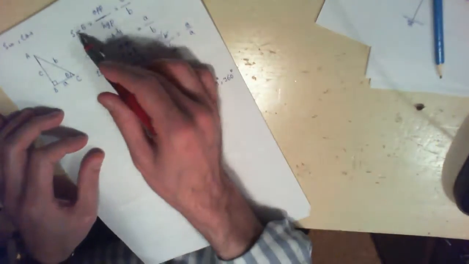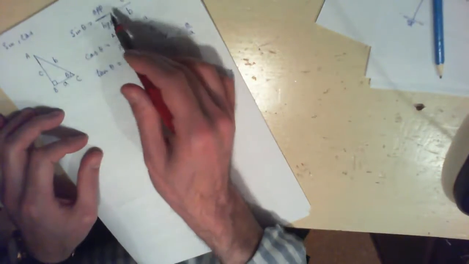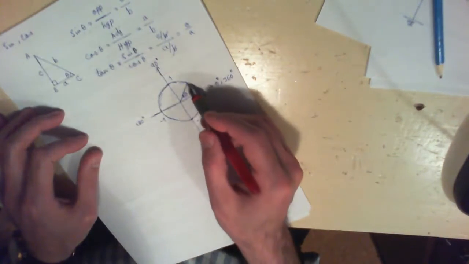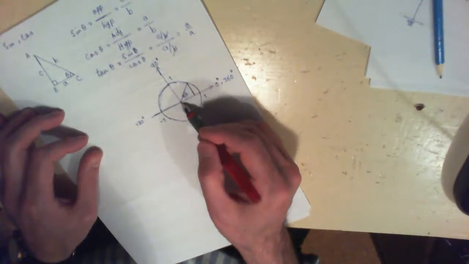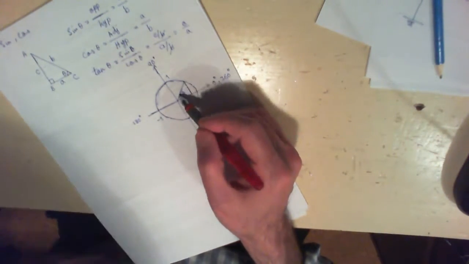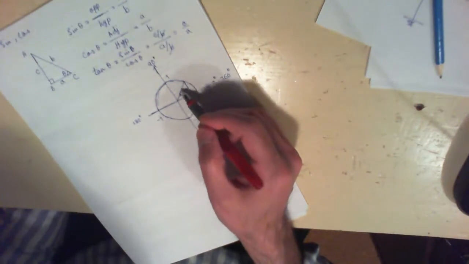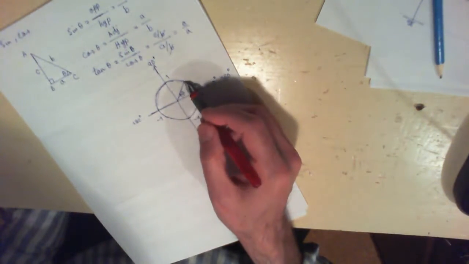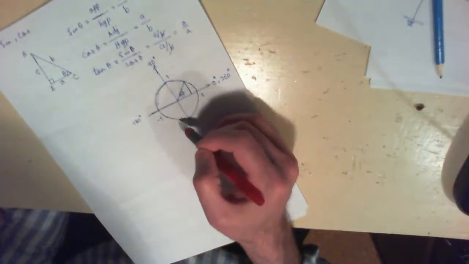We said that the sine of some angle is equal to the opposite by hypotenuse, so the opposite is this side and the hypotenuse is this side. Now in this circle, the length of the hypotenuse is always 1, because this is the radius of this circle, and all around the circle the radius is 1.